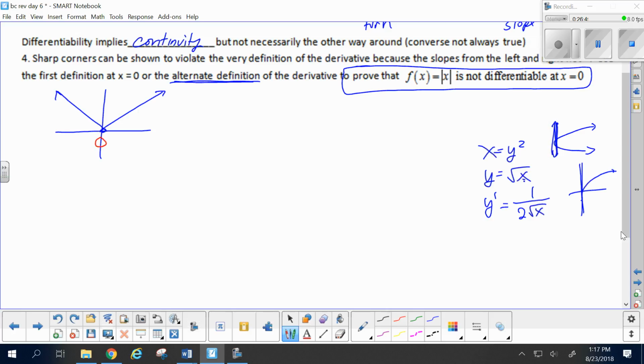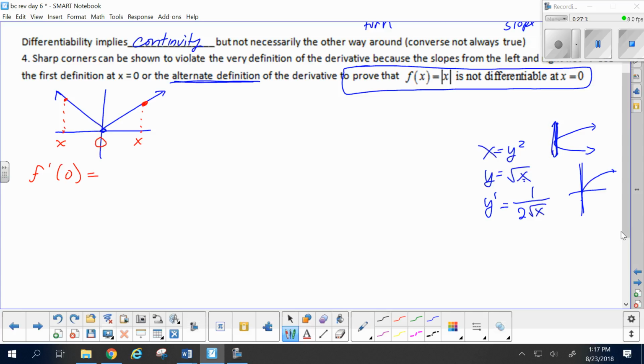And the alternate definition doesn't use a gap of h. It uses some point x. Now that x could be on this side or on this side. There's no reason it has to approach from the right.